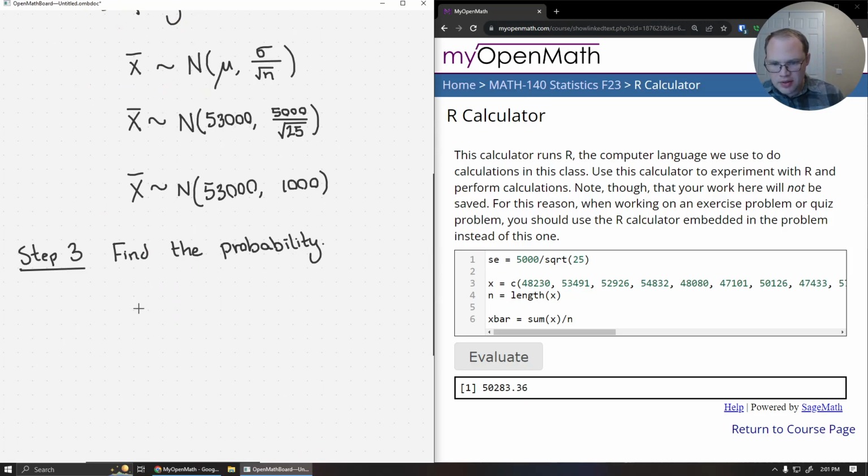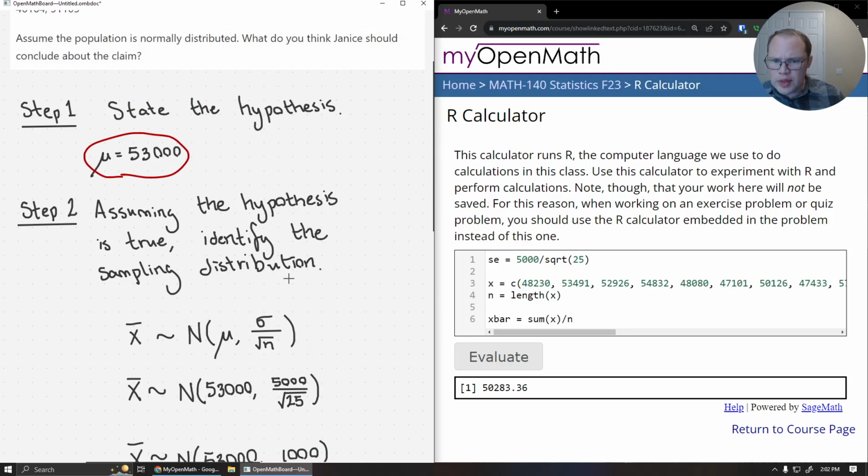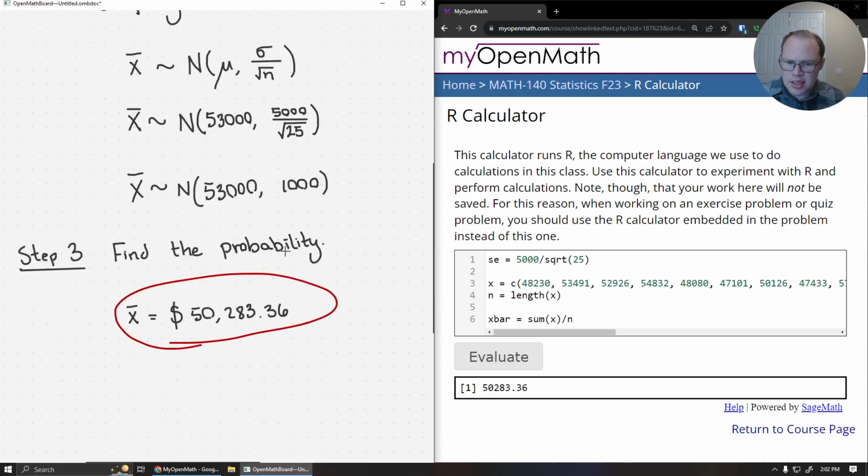That is the average salary of these women managers. Do notice that that is below the claimed population mean, right? The company claimed that the average was $53,000. We're saying that, well, from our sample, it looks to be a little bit lower.